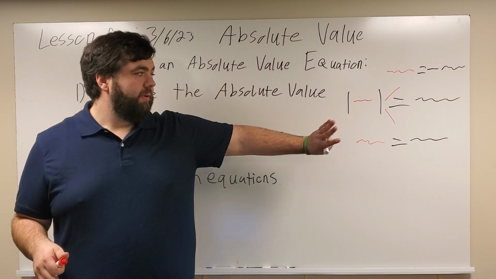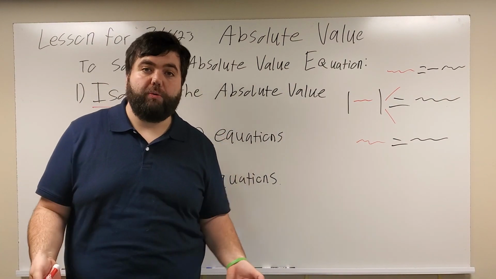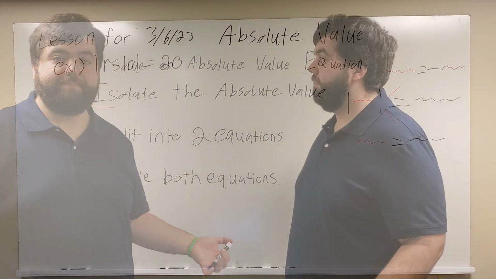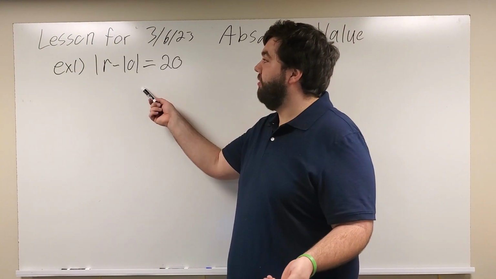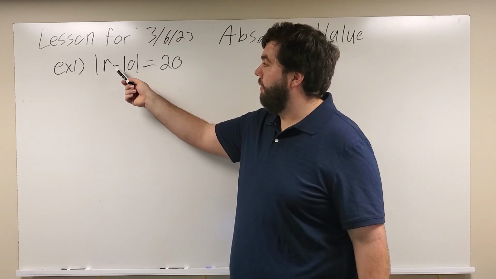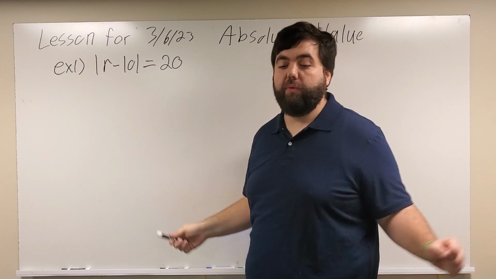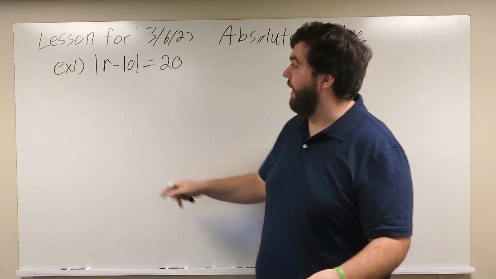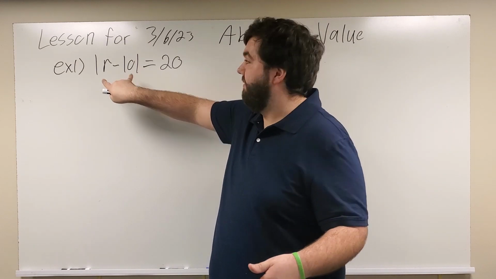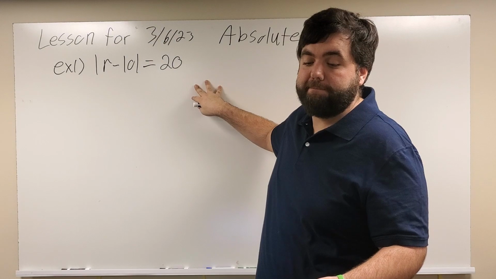So now we're going to get rid of these squiggles, go on to example 1, and actually put one to work. We're on to example 1, and we have the absolute value of r minus 10 is equal to 20. So we're going through ISS. Isolate the absolute value. That's done, since we have absolute value on one side and everything else on the other.